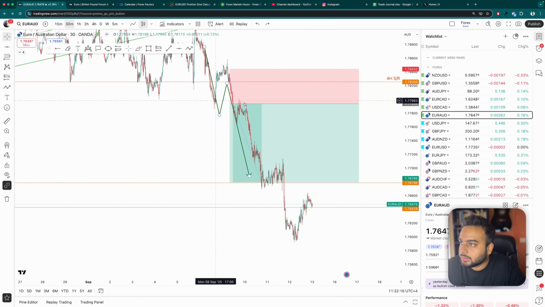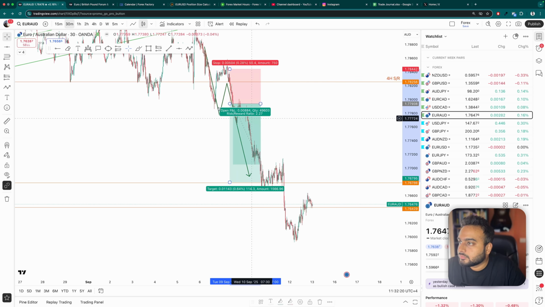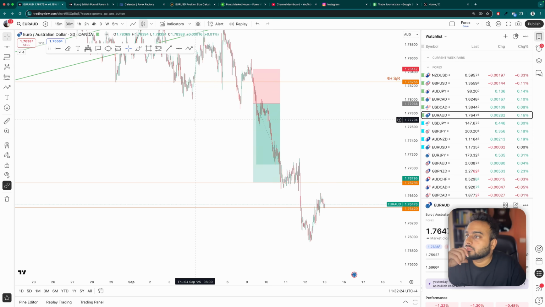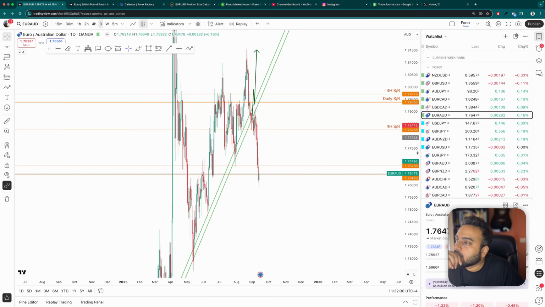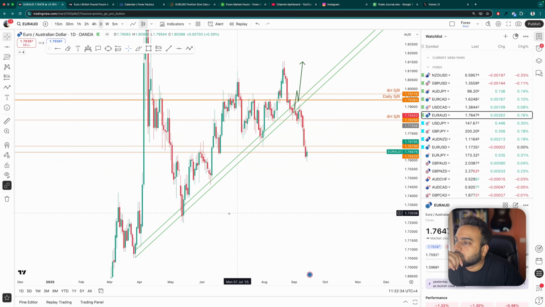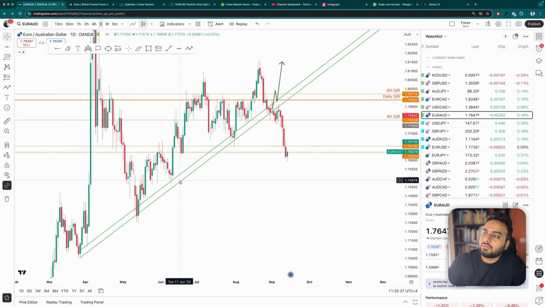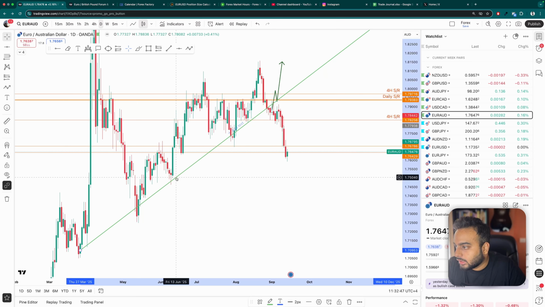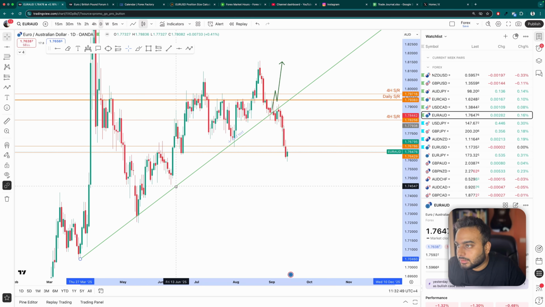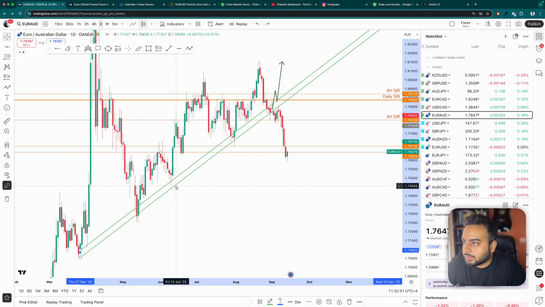I'll keep it here. Let's see on daily. This trend line is no more required. I think I could have made a better trend line. Wait a second, it was already there. So retest happened right here. That's why I said I could have made a better trend line.